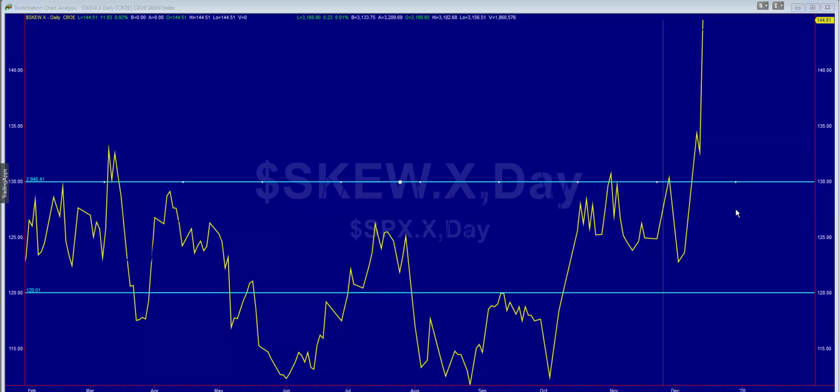When the skew is above 130, in general, the puts are extremely more expensive than usual, than the calls, and the market is overly fearful, and it being many times a contrarian indicator, the market might be set to rally, that people are unduly bearish. Now that's usual.